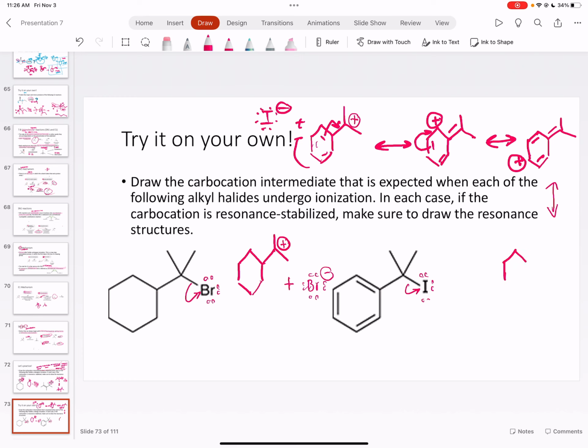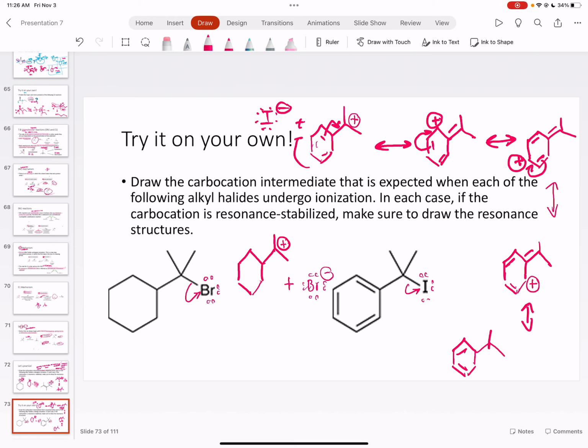Okay, perfect. Let's see. I'm gonna move this one next to here, and then I have a positive charge in here. Okay, and then my next resonance is gonna be this one.